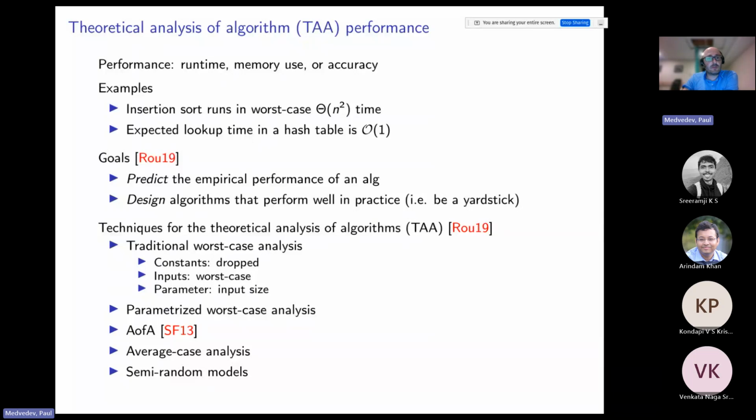The other goal is to essentially be a yardstick for algorithm developers. So you have this n squared algorithm. I'm going to try to beat it, come up with n log n. I'm going to call it merge sort, and now I'm going to run merge sort in practice. And the idea is, because I beat the theoretical runtime, I should also do better in practice. Though it doesn't have to be that way, and in practice we can see something very different.